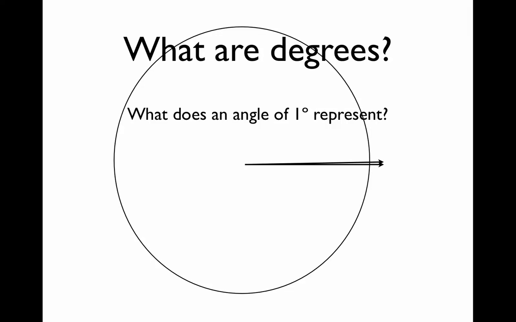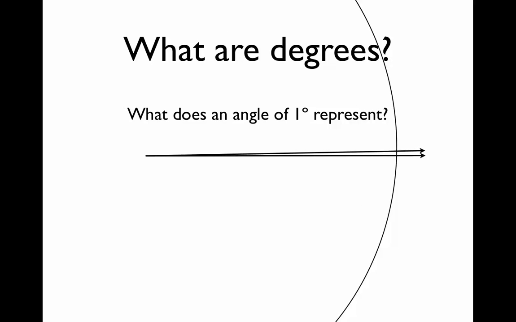We can zoom in on that. So what amount of openness is that? Yeah, so it's what he said. 1/360th of the circumference is cut off by the angle's rays. So we think about what fraction of the circumference is cut off by the rays of the angle.